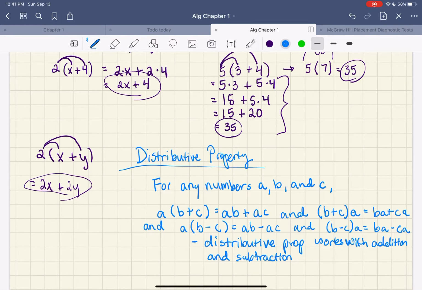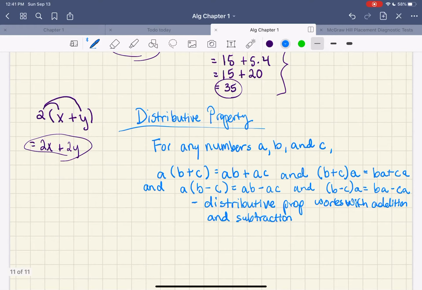So you can use either of them. You can have the parentheses out in the front, or you can have them out in the back. So it doesn't matter what comes first, basically.